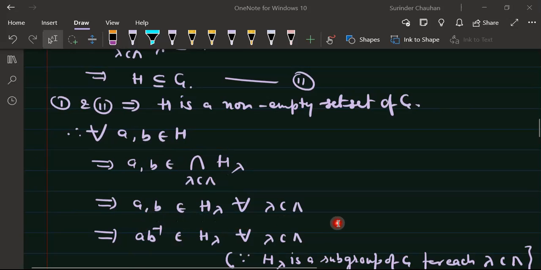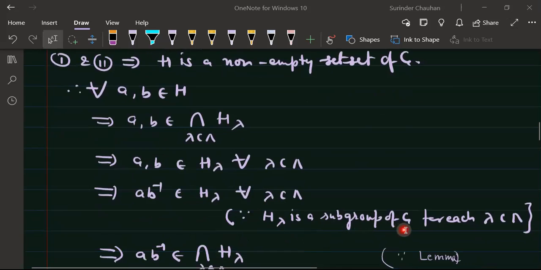Now each H lambda is a subgroup. Therefore, if a, b belong to H lambda, then ab inverse also belongs to H lambda for all lambda, since H lambda is a subgroup of G for each lambda.